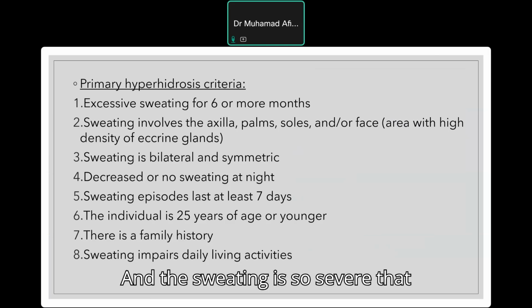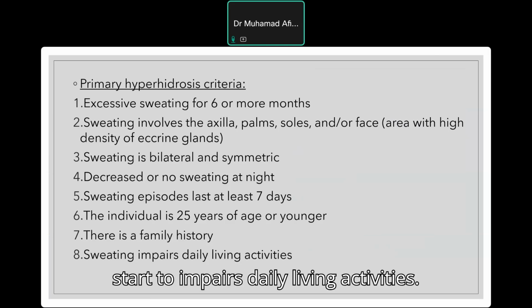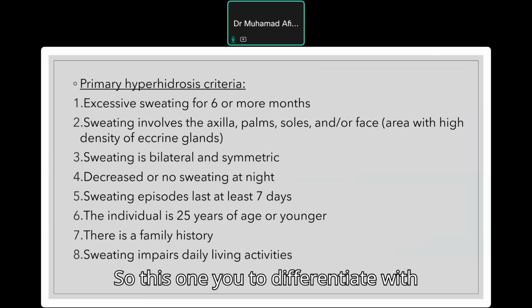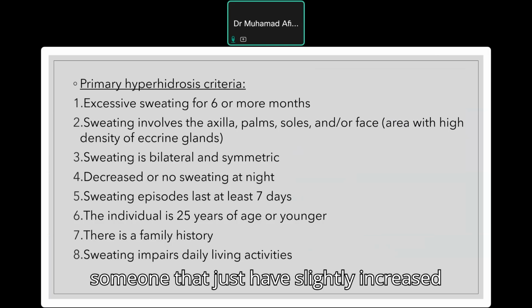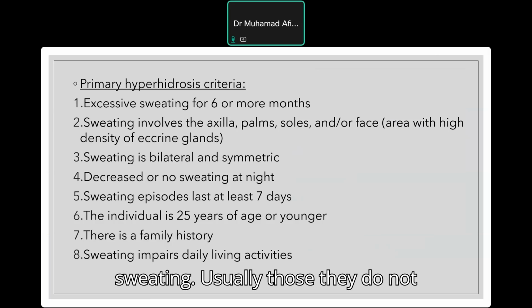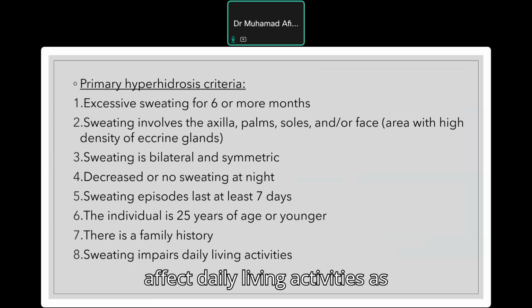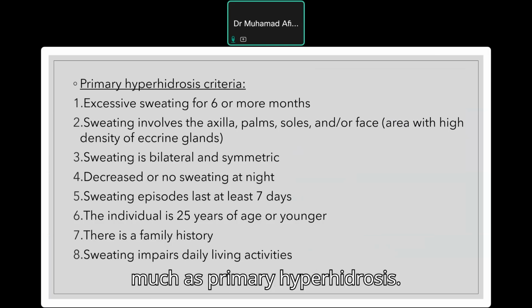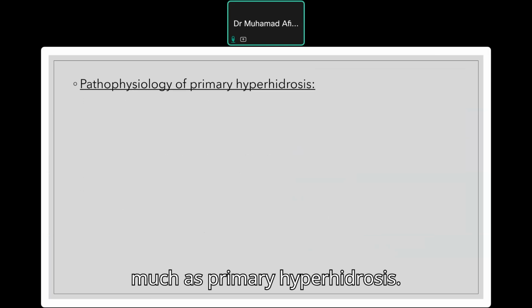And the sweating is so severe that it starts to impair daily living activity. So this one you differentiate from someone that just has slightly increased sweating. Usually those do not affect daily living activities as much as primary hyperhidrosis.